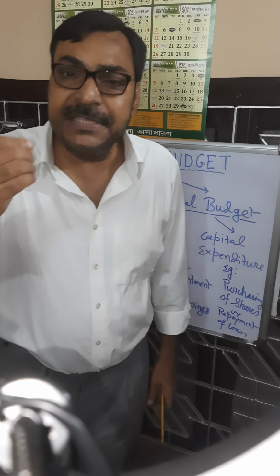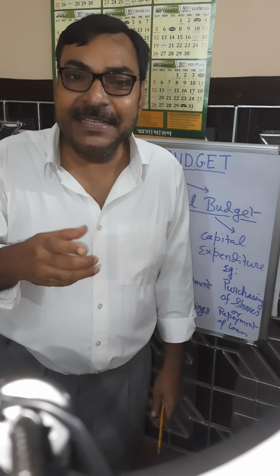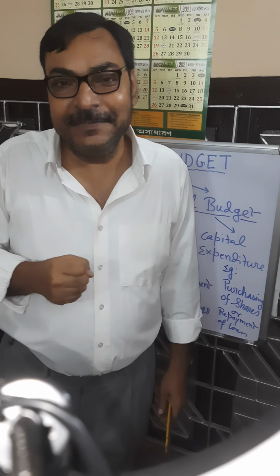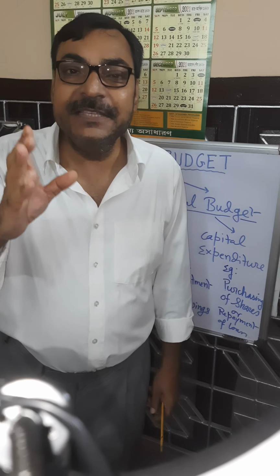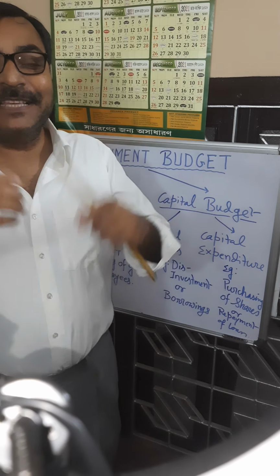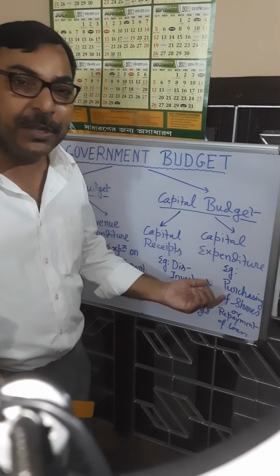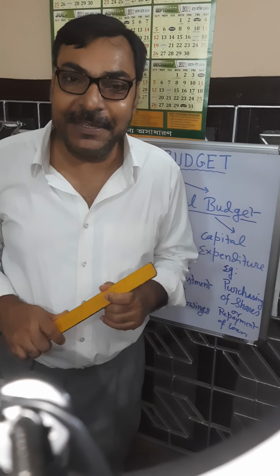Now consider one type of expenditure, government expenditure for the construction of a school building. This expenditure is generating a physical asset. A school building is considered an important physical asset. So when this expenditure is increasing the assets of the government, surely it will be capital expenditure. It will not be a revenue expenditure.